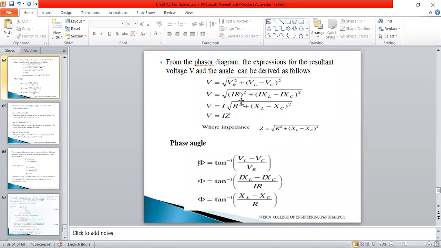This complete term is Z, so V equals IZ, where Z equals square root of R square plus (XL minus XC) square. If VL is greater than VC, then we write VL minus VC, or if XL is greater than XC, then XL minus XC. Both are the same; in the form of voltage we say one, in the form of reactance we say the other. Is it clear?